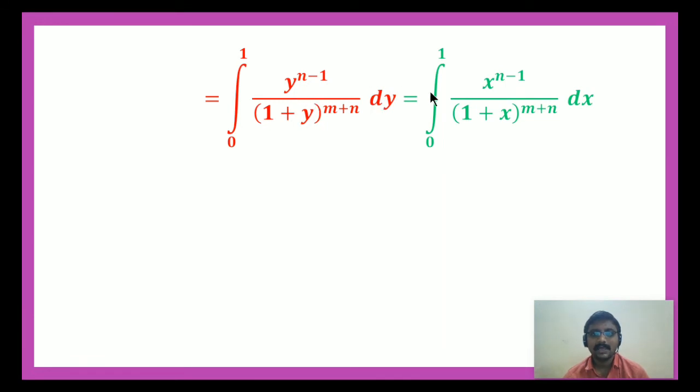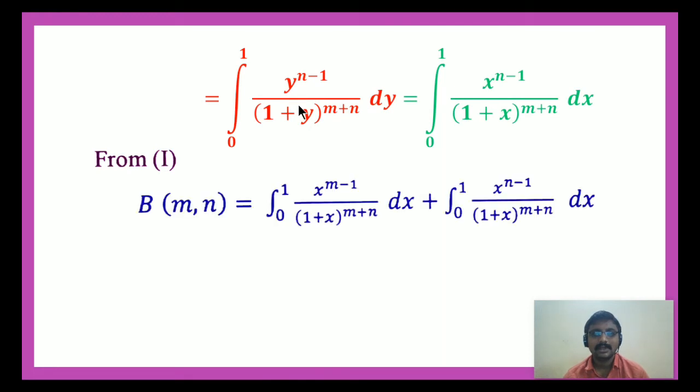Just replacing y with x, so we will have integral of 0 to 1 x power n minus 1 by (1 plus x) whole power m plus n dx. Because the definite integral is a function of limits only. So just we are changing here y variable as x. Both are equal.